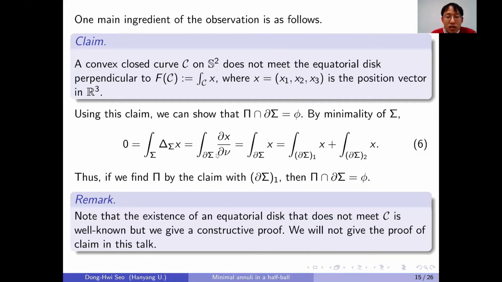And by the boundary condition, this integrand is the position vector. So the sum of flux vectors along the boundary components should be 0.